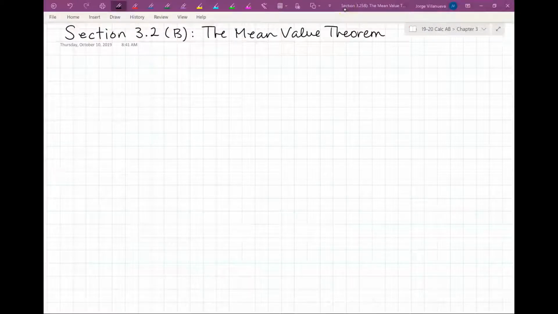All right, so let me write down the theorem for you guys first. Okay, so the mean value theorem states the following.